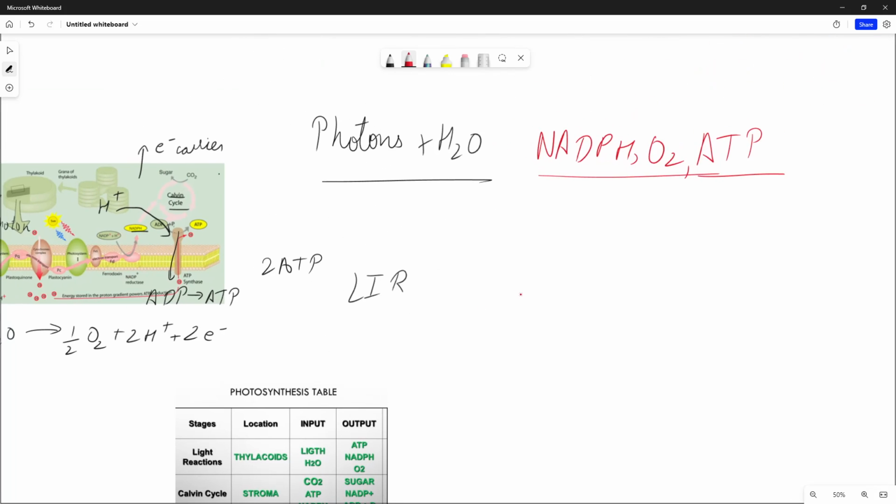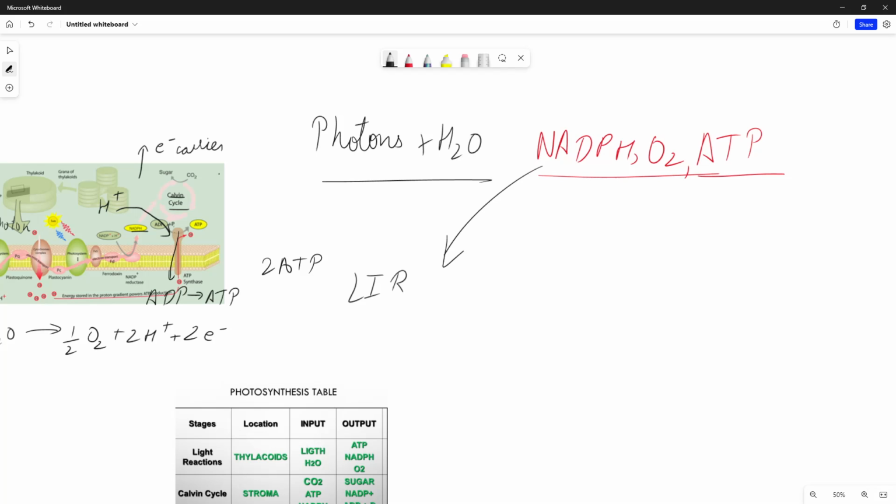And what happens in the light independent reaction is it gets its inputs from the light dependent reaction. So it requires ATP to fixate carbon from the atmosphere, which is found in the presence of carbon dioxide. As you may or may not remember, the formula of glucose is C6H12O6.